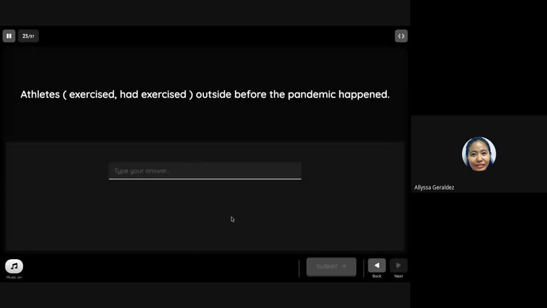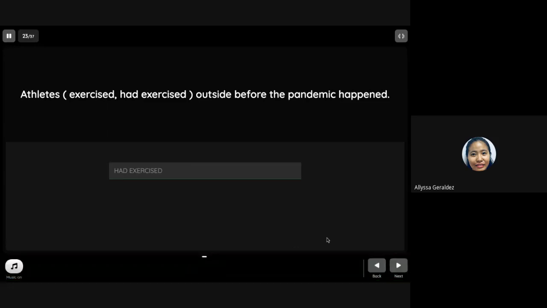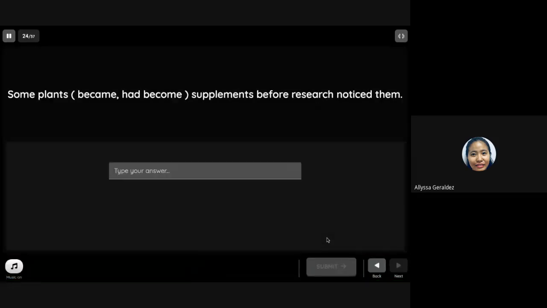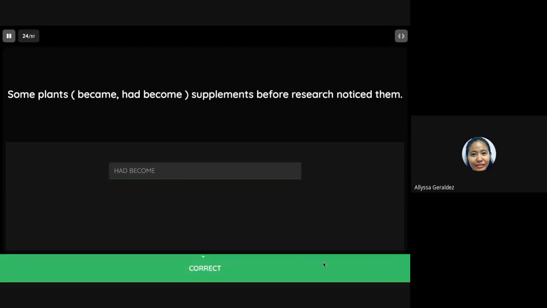Athletes had exercised outside before the pandemic happened. Okay, another point for that. Some plants had become supplements before research noticed them. See if we got it right.